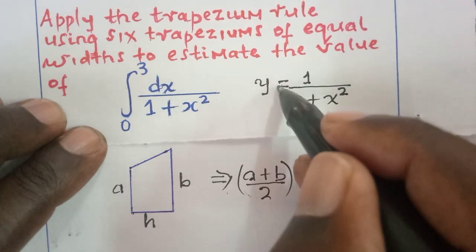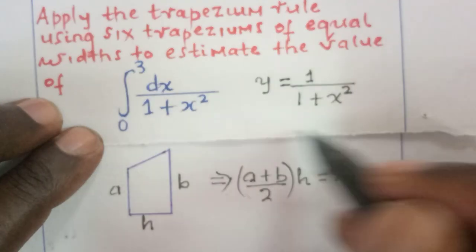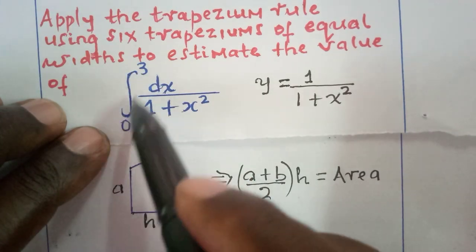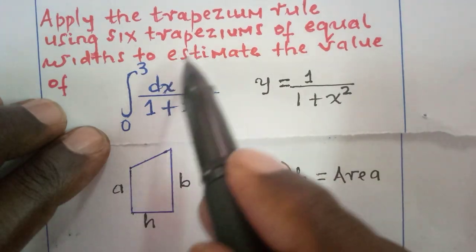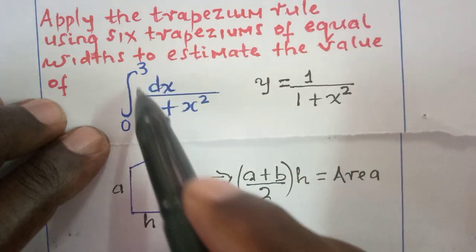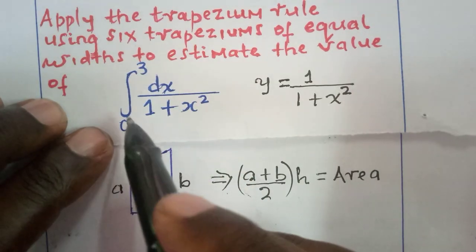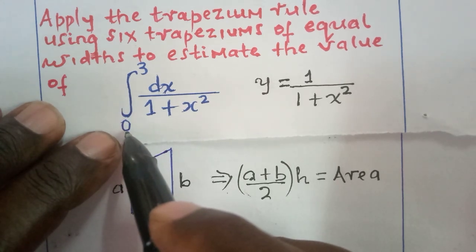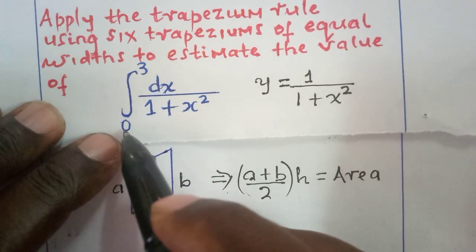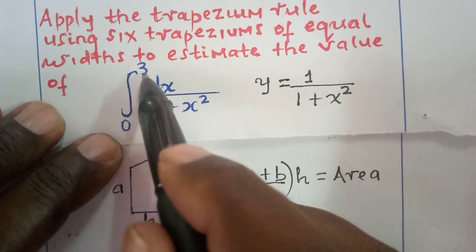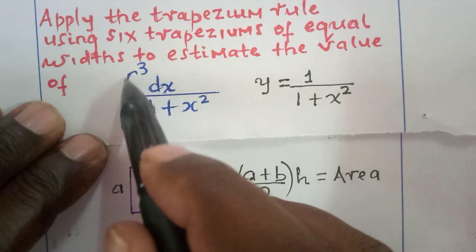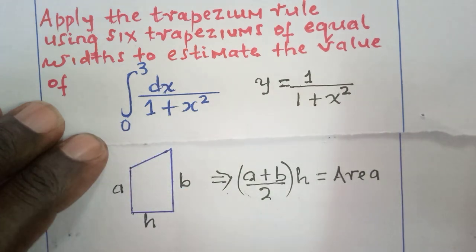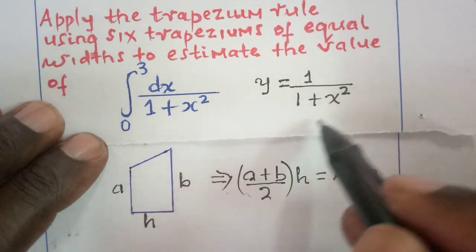The curve is supposed to look like this. We are not integrating, we are using the trapezium rule. The integral sign shows that we are looking for the area from point 0 to point 3, our lower limit and upper limit. So the formula for the curve is given by that.